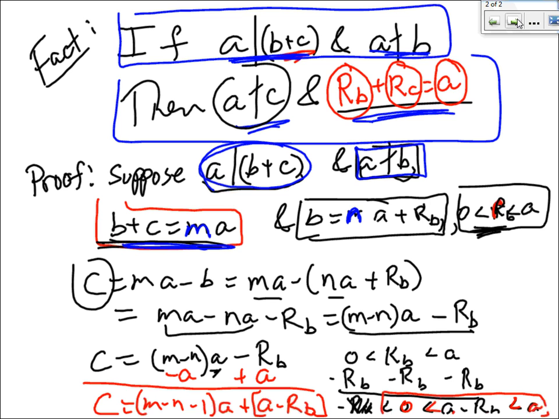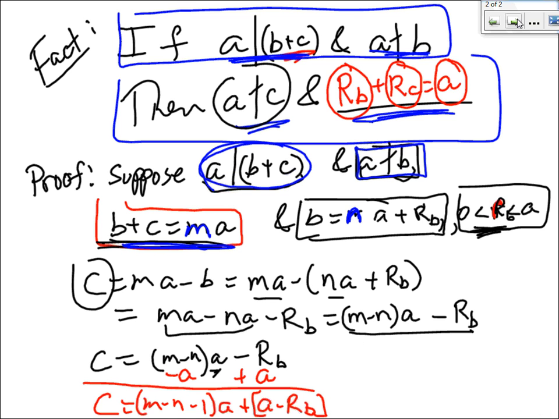Actually, it's not side work. It really needs to be shown, because otherwise one would wonder, don't you think the remainder has to be between 0 and A? Well, I showed it. Okay. But this number right here, that's my remainder from C.